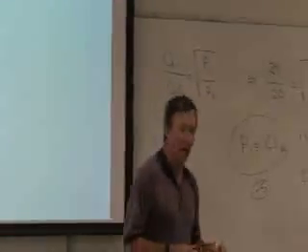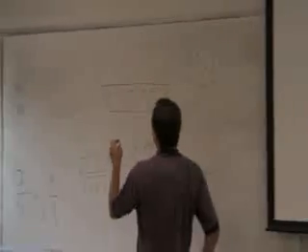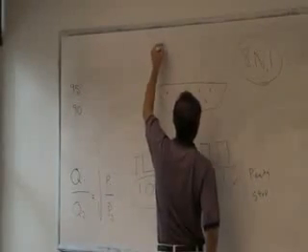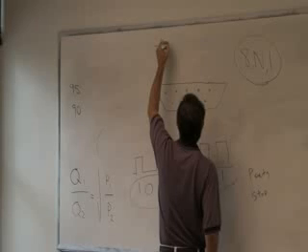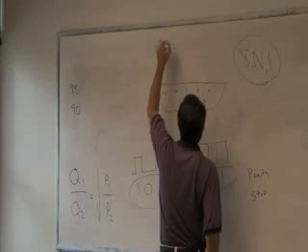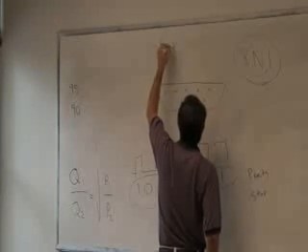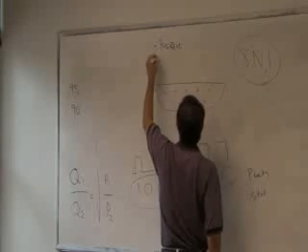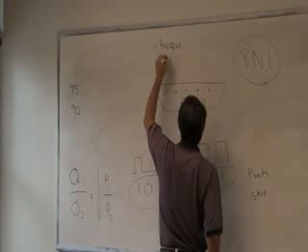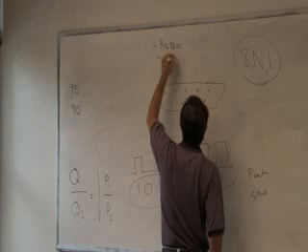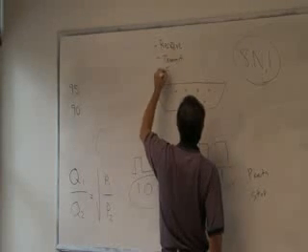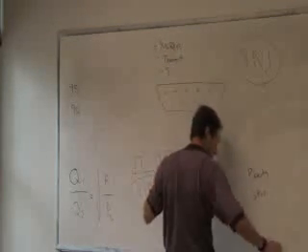One pin is set up to receive data. One pin is set up to transmit data. And one pin is basically my ground.